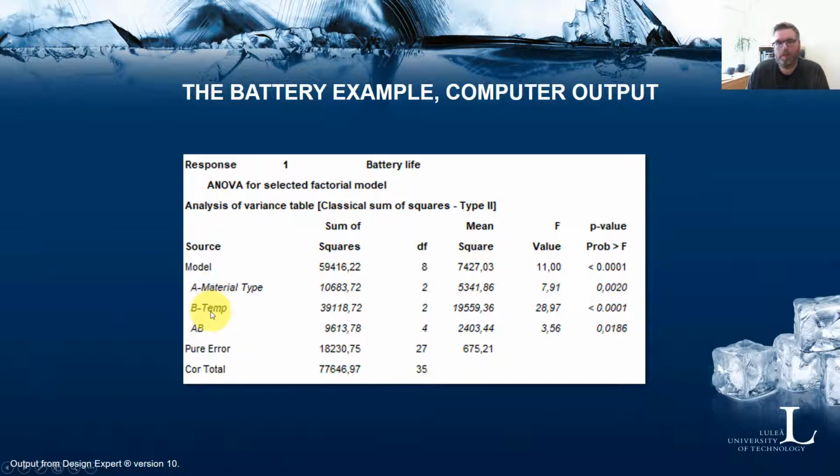So material type, temperature, and interaction effects are summed up to a total sum of squares, total number of degrees of freedom, mean square for the complete model, and so on. So we get an F-test also for the complete model, but most of the time we're more interested in checking the individual components of the model, like material type, temperature, and AB interaction, to see if they are significant or not. And we usually remove insignificant terms in the model.